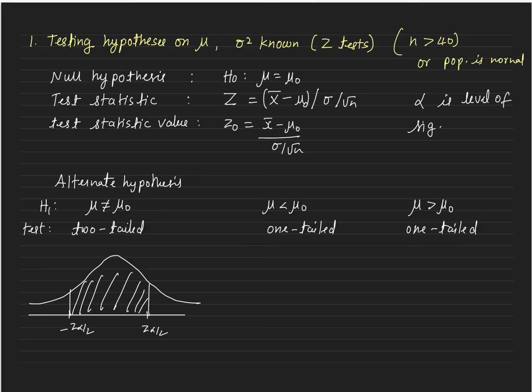This is the acceptance region. Apart from that, whatever we have is the critical region or rejection region. And these 2 values are called critical values. Remember that.